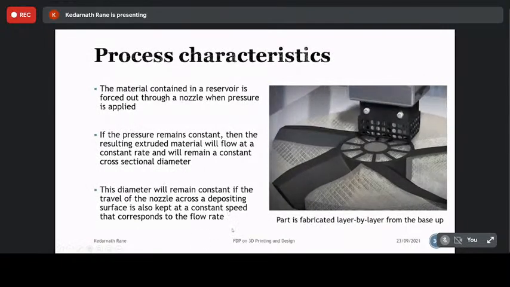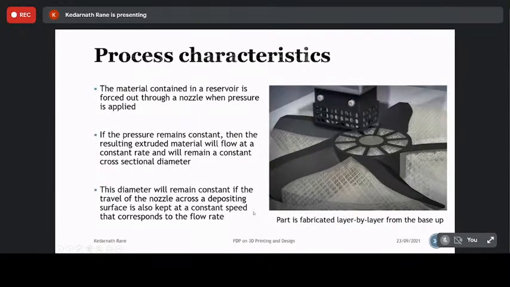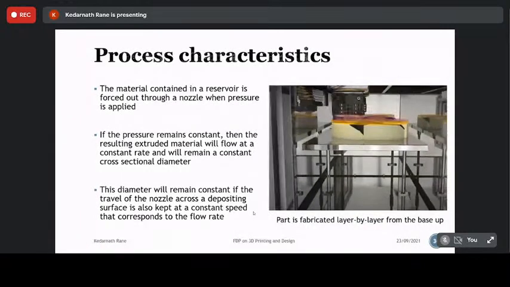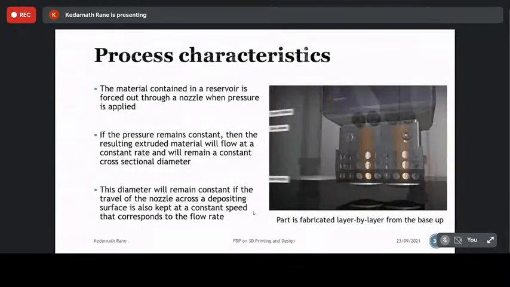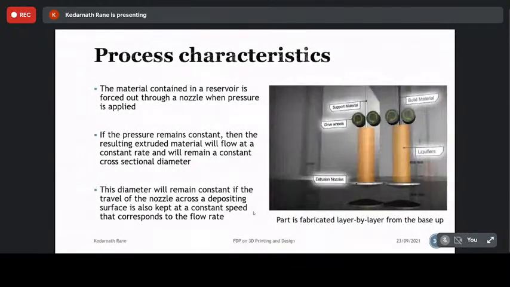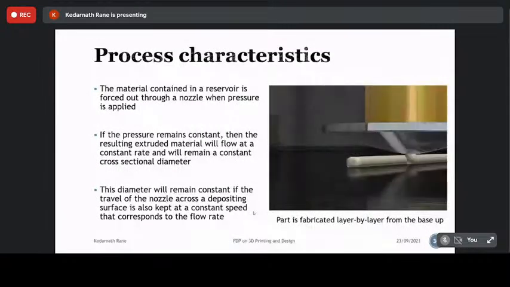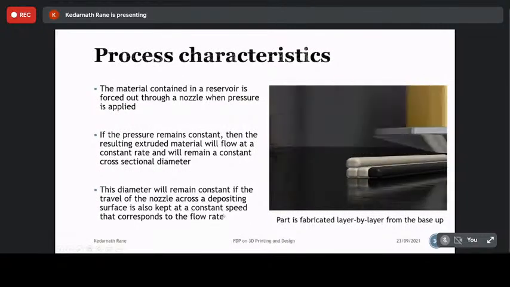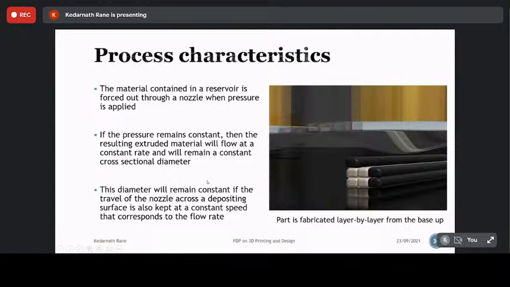The diameter is again important, as I said, depending on the requirement, because the part we want to manufacture, application-wise, has a required resolution and printing accuracy. That's why the flow rate and other speeds are also influenced by the diameter of the nozzle.